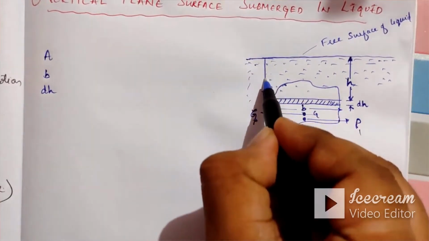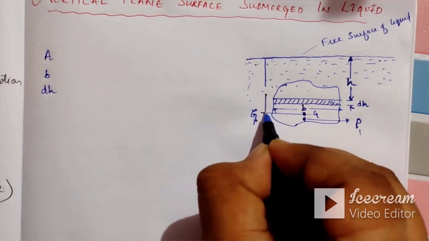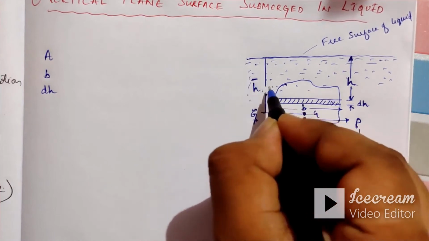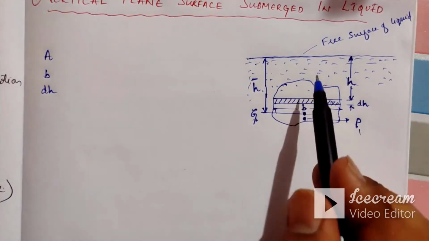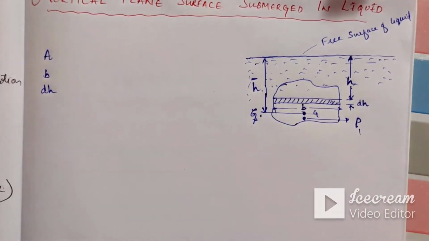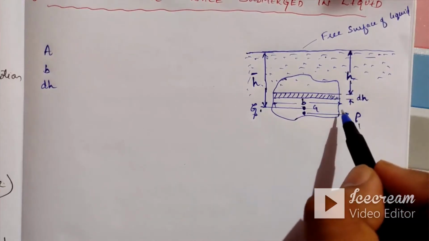I'll take the distance of CG as h bar. The distance from the free surface of the liquid to the center of gravity is h bar. If I take it for this, I have to take it for this also.